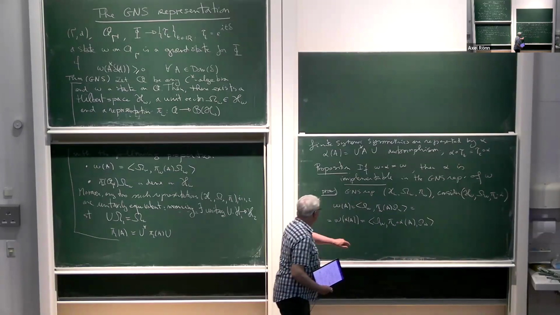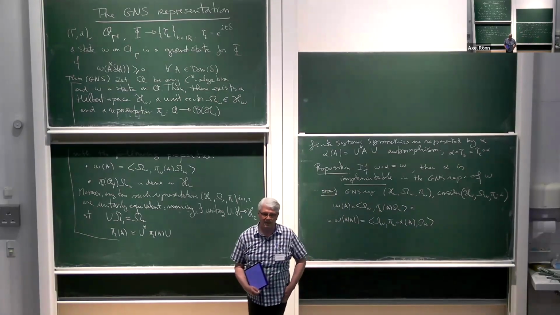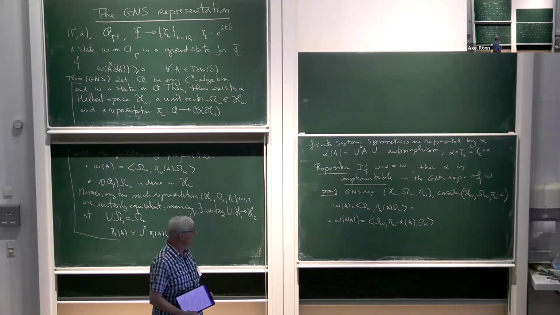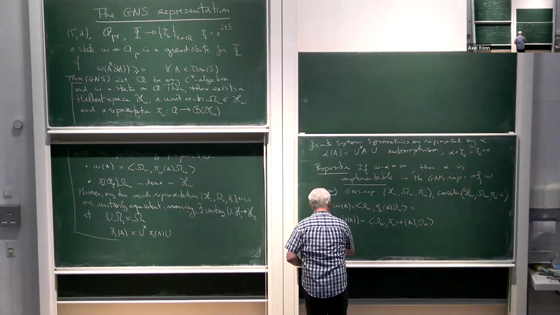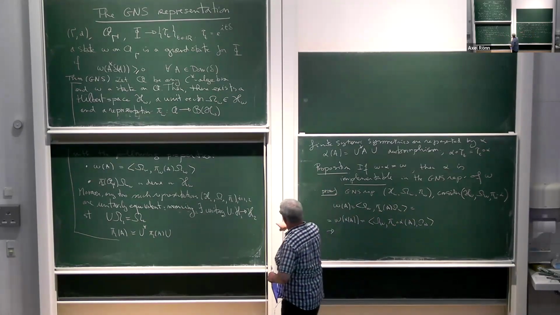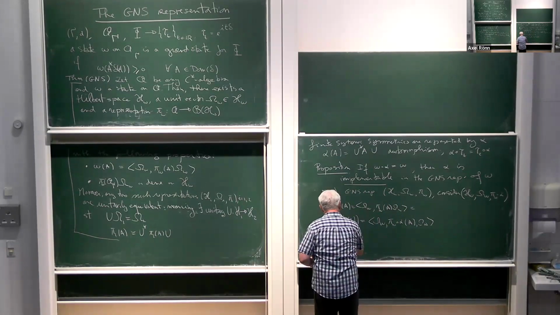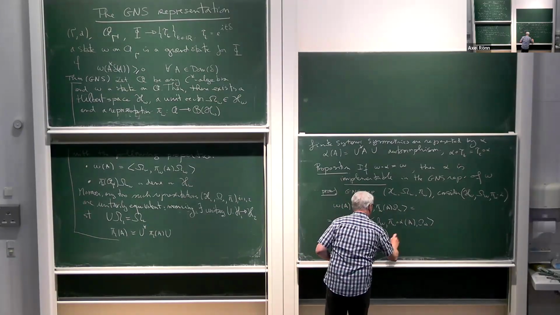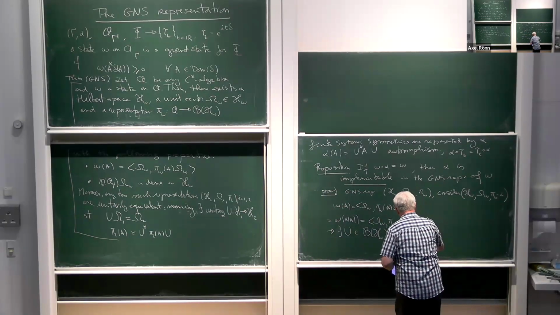Since this is the same as that, it's just another representation with the same properties as the GNS representation. It's a GNS representation. It's therefore unitarily equivalent by the uniqueness. And the spaces are the same, so H1 and H2 are both equal to H omega. And so there exists a unitary U on H omega such that these two representations are related.